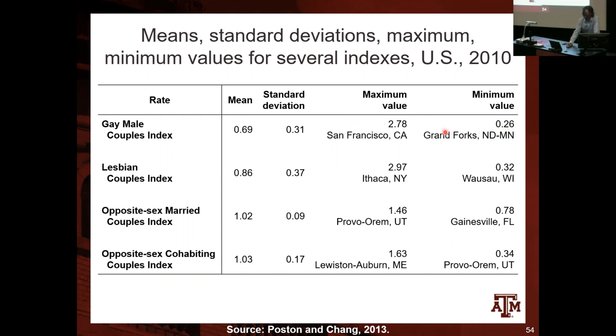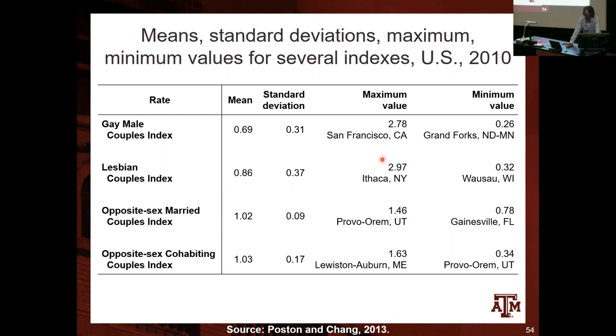So gay couples are 74% less likely to be found in Grand Forks than in a randomly selected household across these metropolitan areas. So we see that they are really concentrated in specific metropolitan areas. And the one with the highest value is San Francisco.